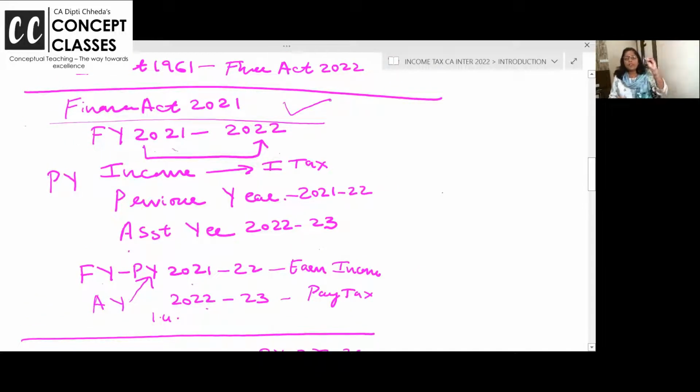which was proposed on the 1st of February 2021 by the Finance Minister, and then it was discussed in both the Houses of Parliament.